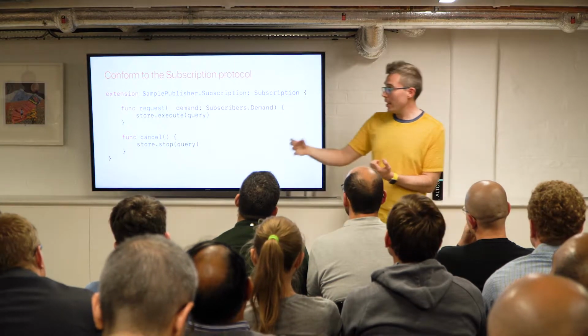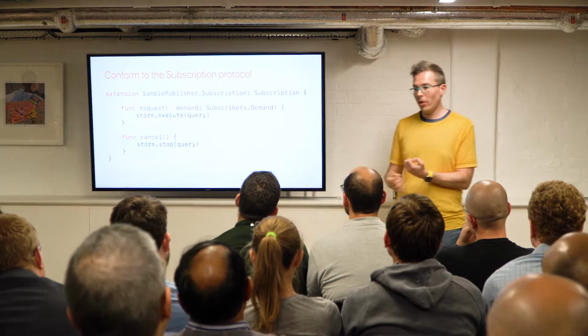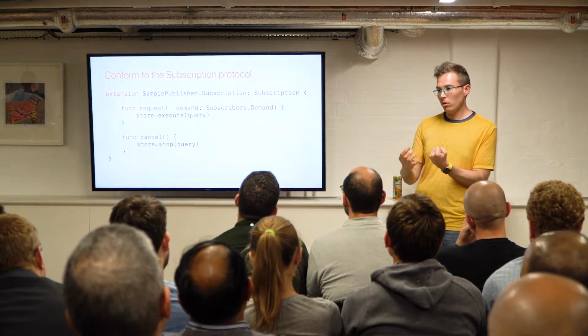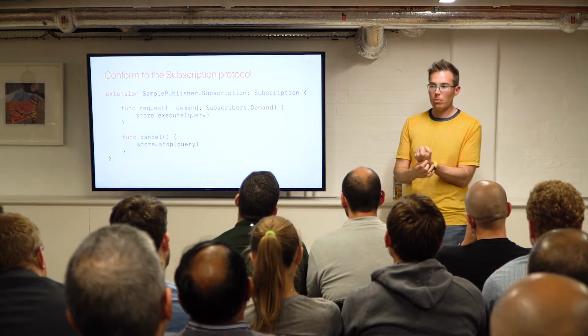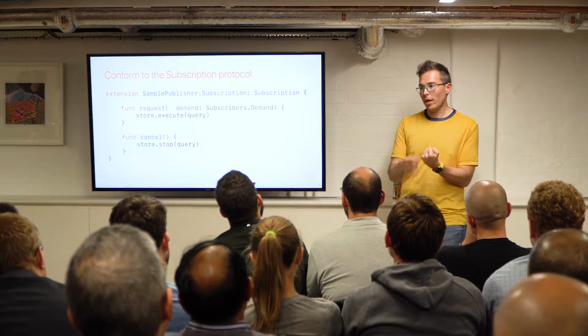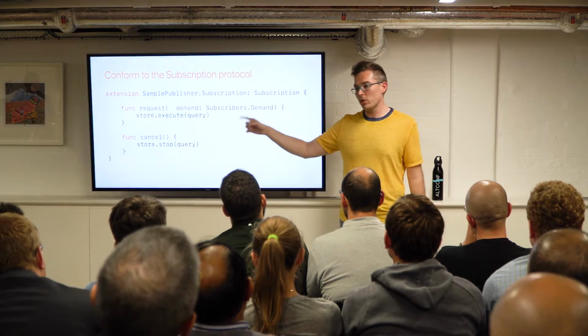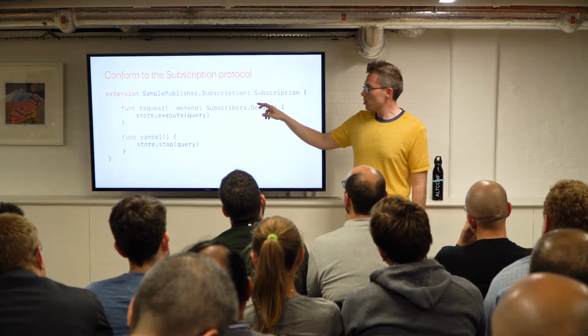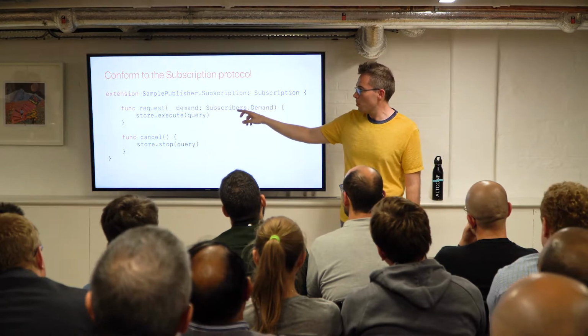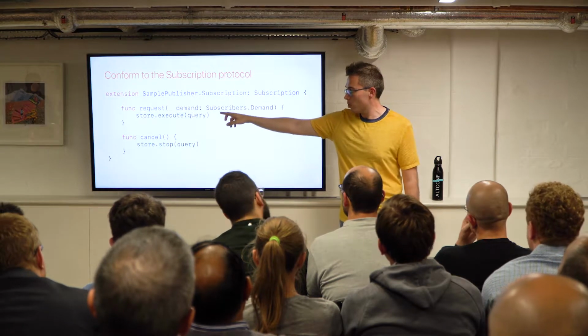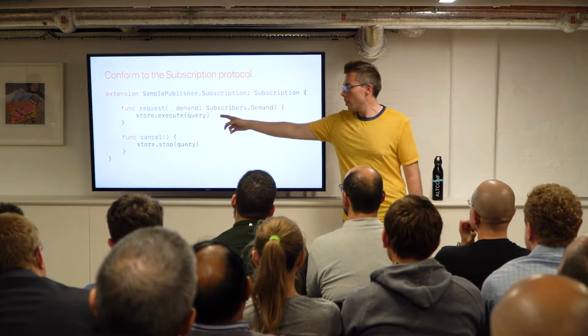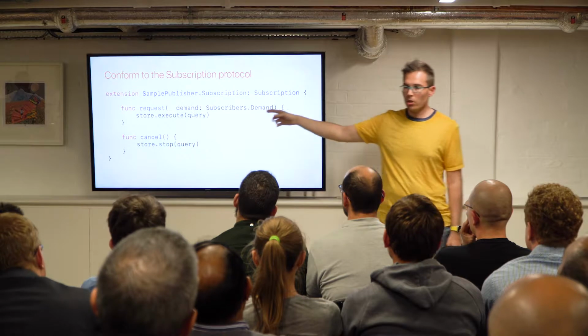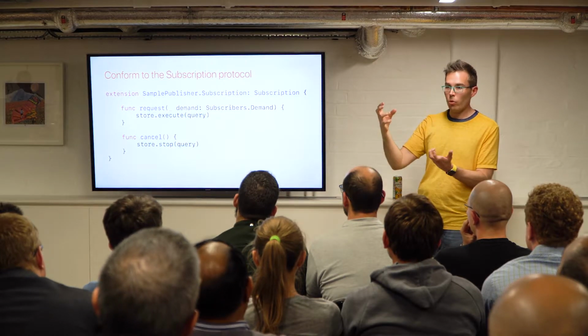On top of that, it could cancel. At the point at which you've got a subscriber, you'll probably put it into something called an AnyCancellable, which you can cancel. And if that happens, it sends this cancel message up the chain. So on hooking this up, when the demand is requested for a value, we execute the query. We've got the health store and we've made the health query now.